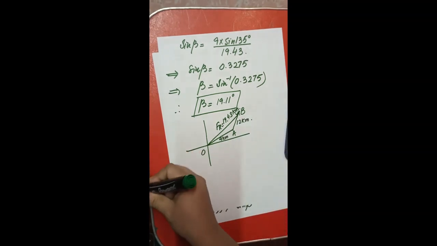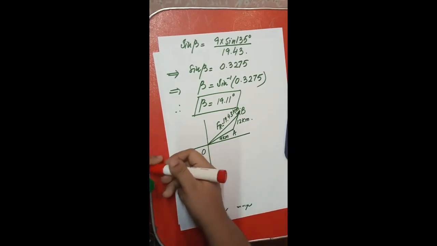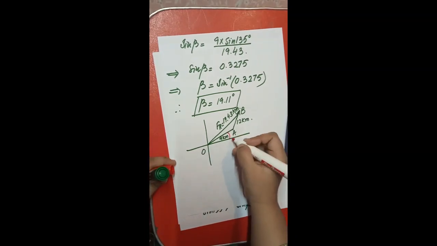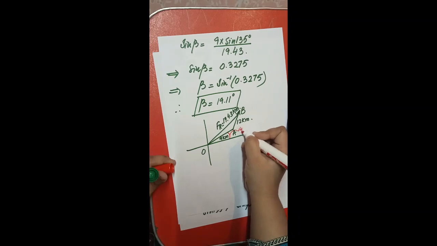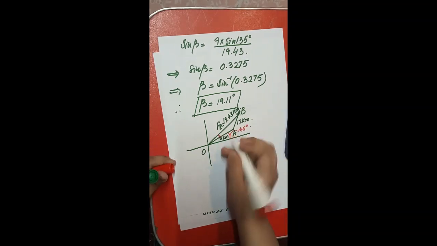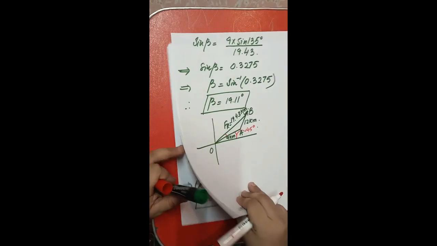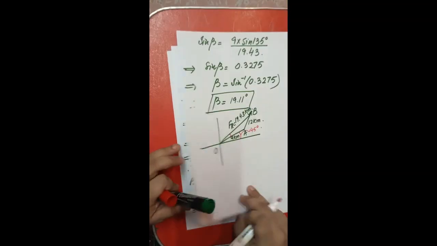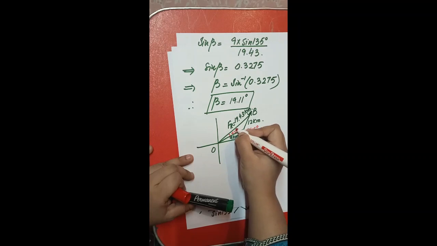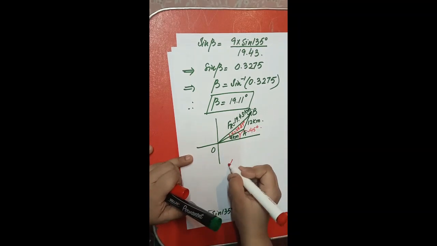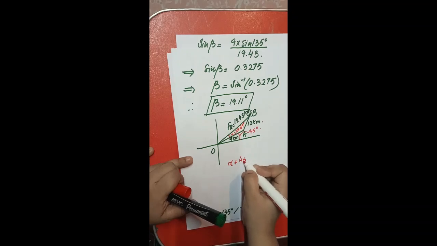So what we have to do, if we have angle 45 degree here, and which angle is this? This angle is alpha. So alpha comes out to be what? 25.89. Alpha is equals to 25.89 degree. So we should add alpha plus 45 degree.